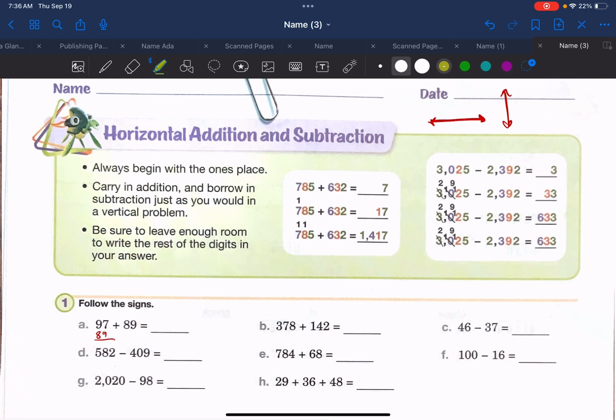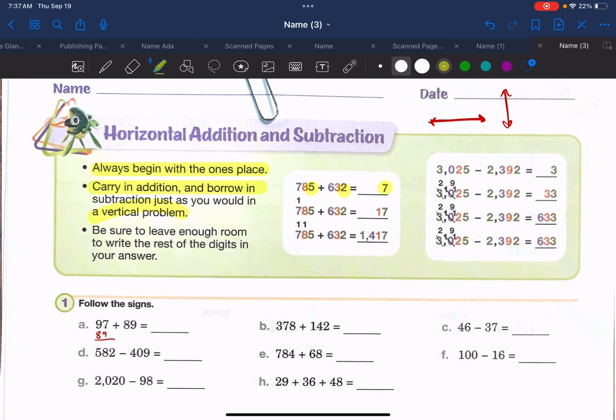So the first thing is, just like if we did vertically, we always have to begin with the ones place. That doesn't change. So you'd start with your 5 plus 2, and you'd put your 7 as far to the right as you can. If you need to carry in addition and borrow in subtraction, do it just like you would a vertical problem.